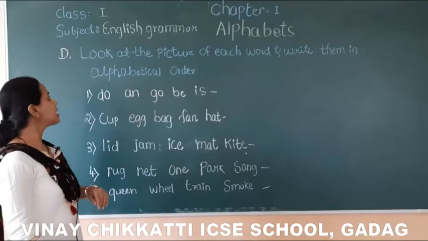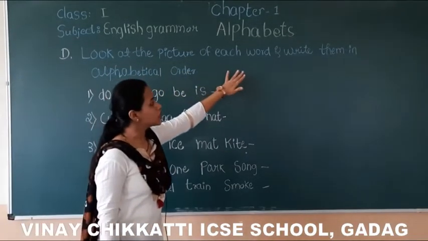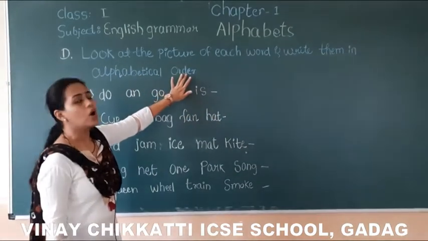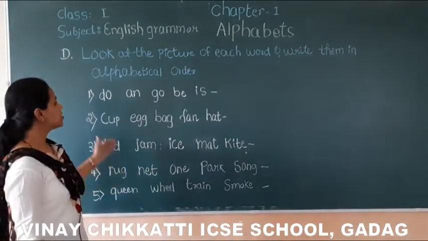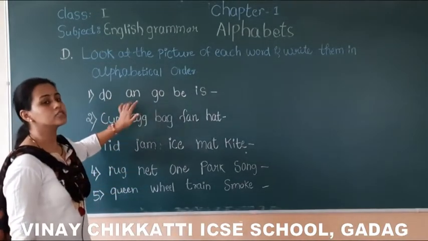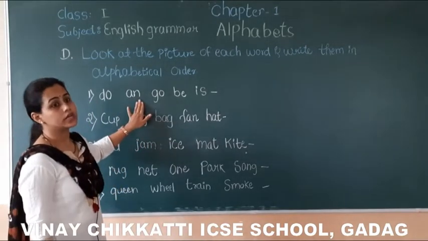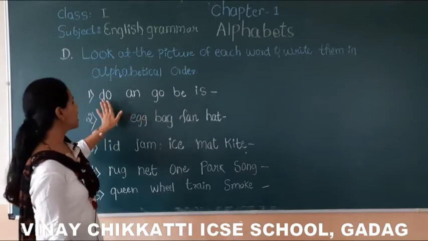Okay. Now next, look at the picture of each word and write them in alphabetical order. So again the same thing we have to do. First we'll go with the first letter, but there is not only one letter here, they have made a word here. Okay. First, which alphabets?